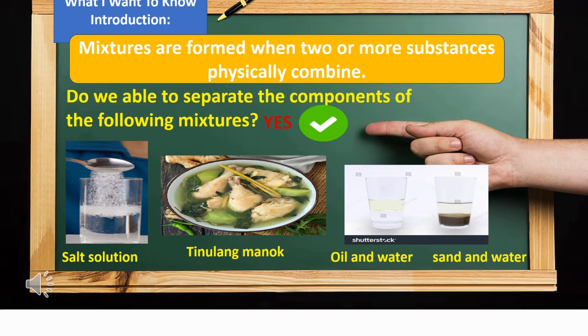Now, question. Are we able to separate the components of the following mixtures? Very good. Yes. But the question is, how? So let's find out. Okay?